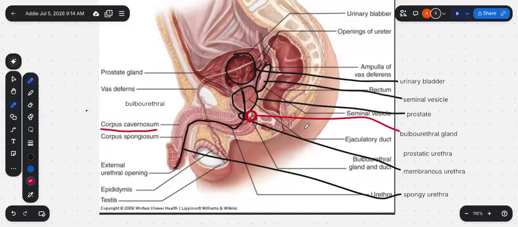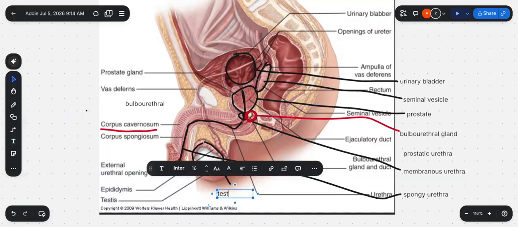Again, not too much. One more thing that is covered in the later units that you might need to know right now, depending on which anatomy curriculum you are in. You have your testes over here, which is this whole ball-like structure.